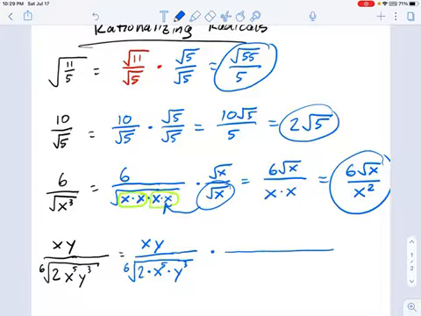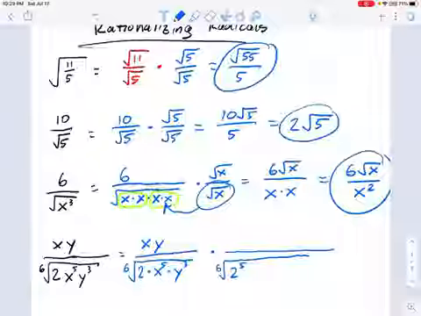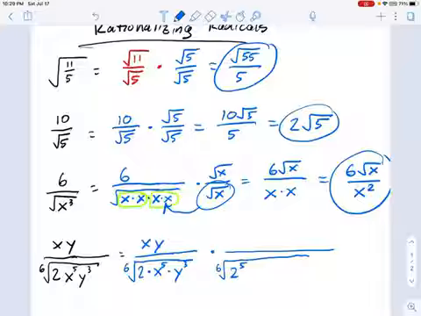Don't worry about the numerator yet. We'll get to that. So I only have 1, 2. I'm going to need 5 more 2's. And then I'll have 6 2's total, which gives me 6 of a kind, and I can pull that out of the root. And I currently have 5 x's, so I only need 1 more x. And I have 3 y's, so I need 3 more y's.